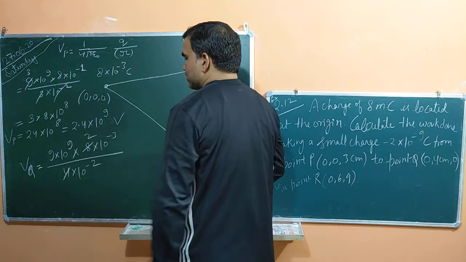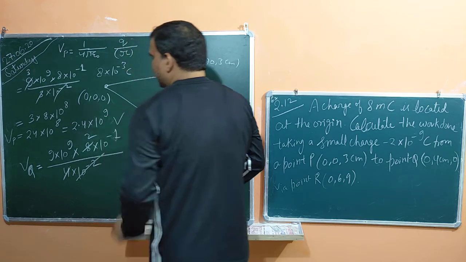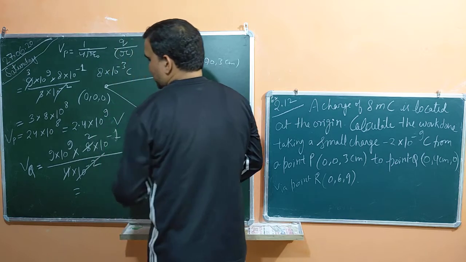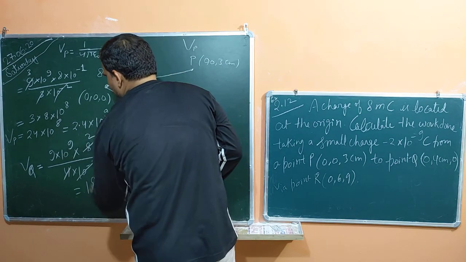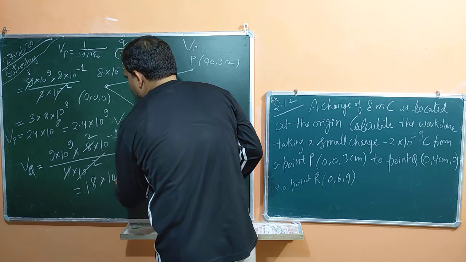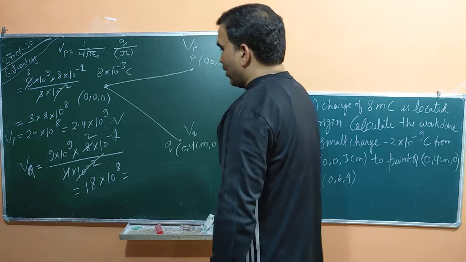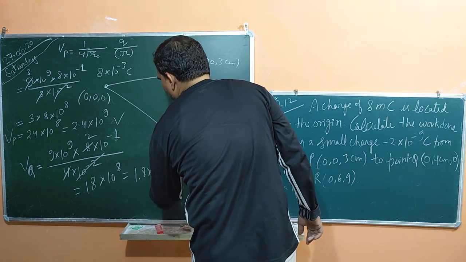Okay. So 18 into 10 to the power 8, or we can say 1.8 into 10 to the power 9.